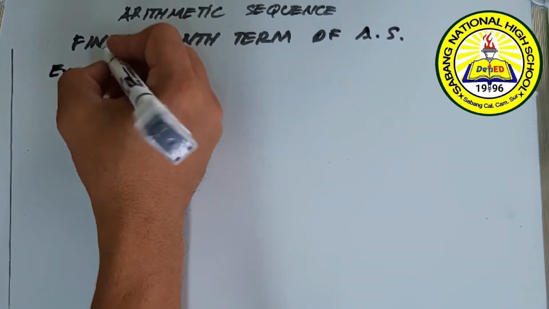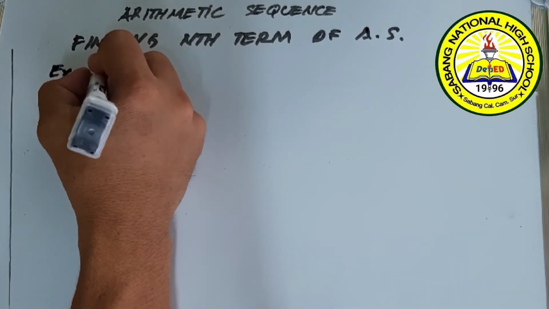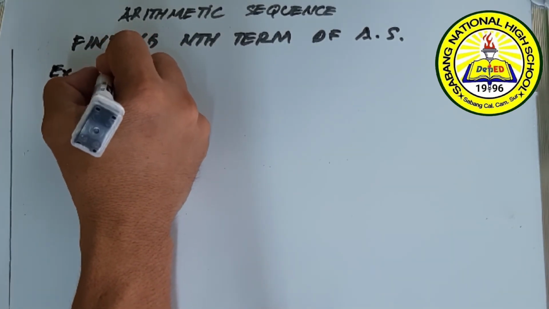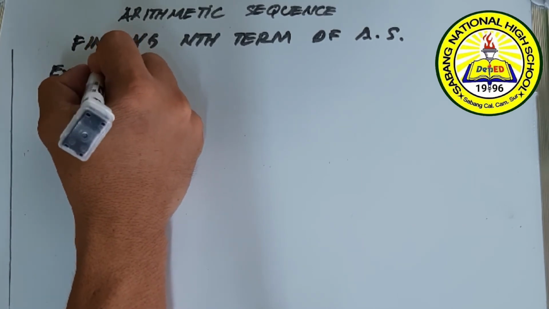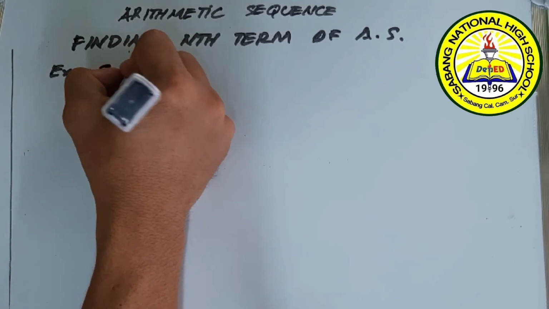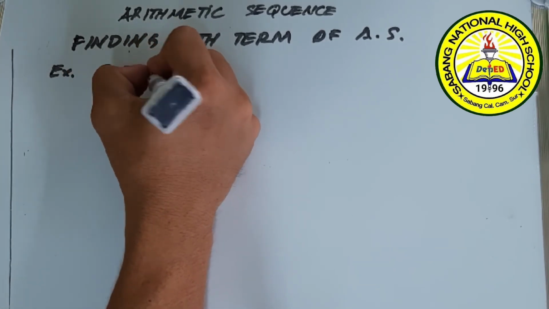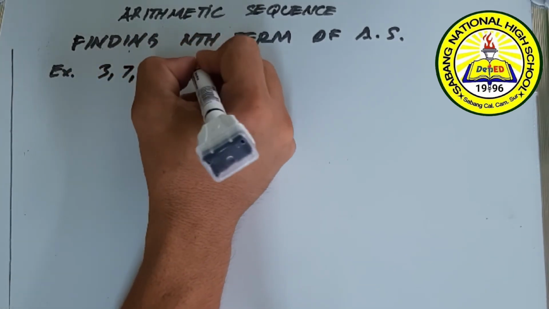Example. Let us say we have a sequence of 3, 7, 11, 15.